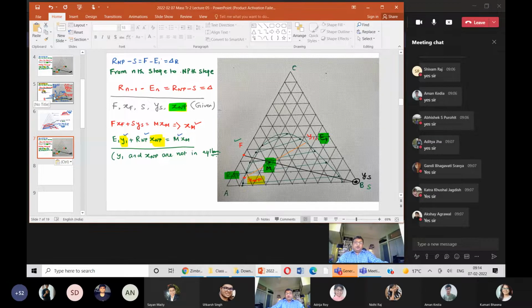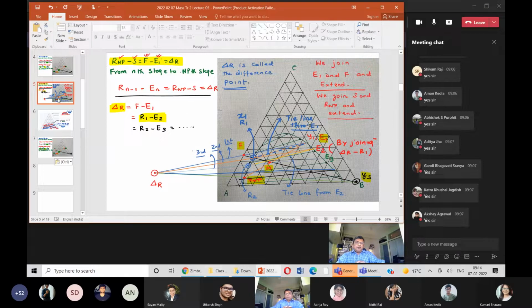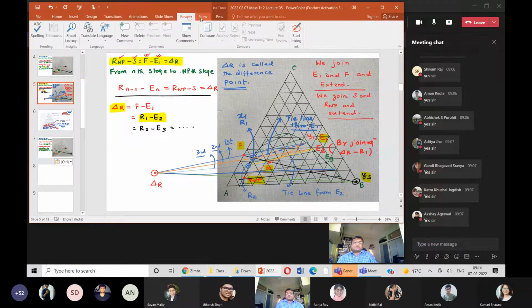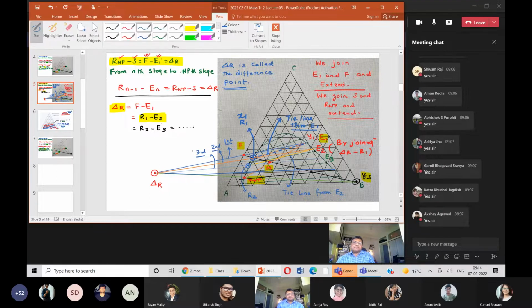First thing you see that all these points we are joining, delta R, they actually correlate F and E1, R1 and E2, R2 and E3, and stuff like that, right?